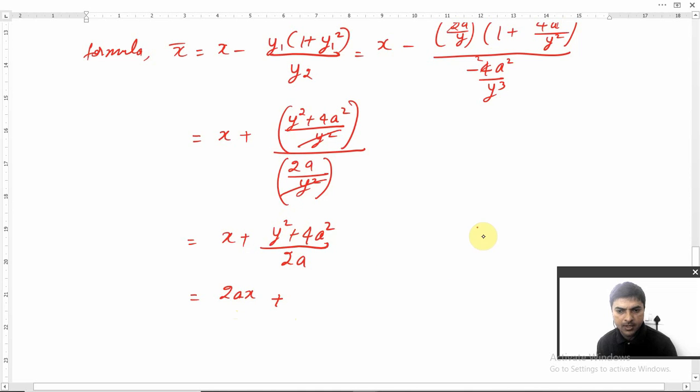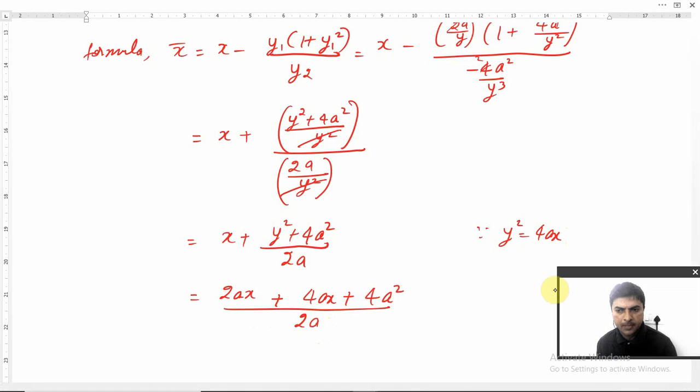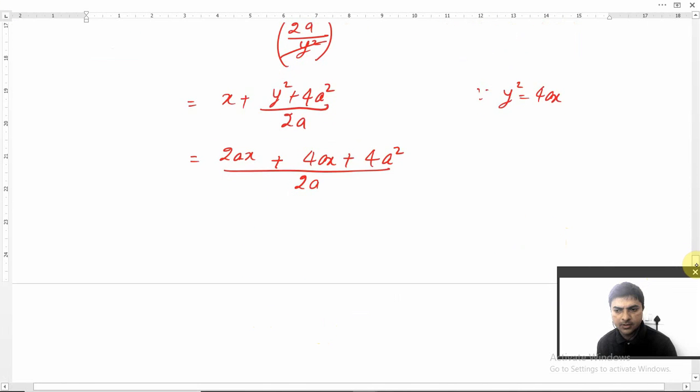Please remember what y square is, because y square is equal to 4ax, we have taken already, so this is 4ax plus 4a square, the whole divided by 2. So further you can simplify this.